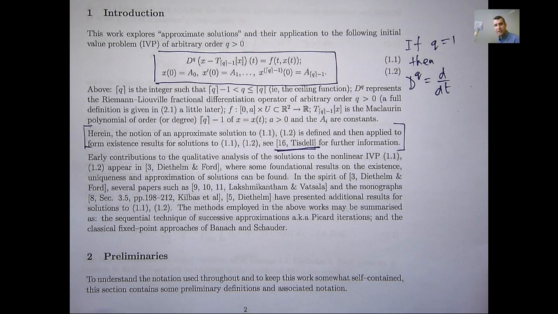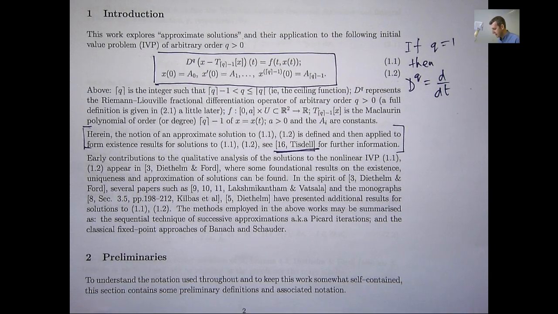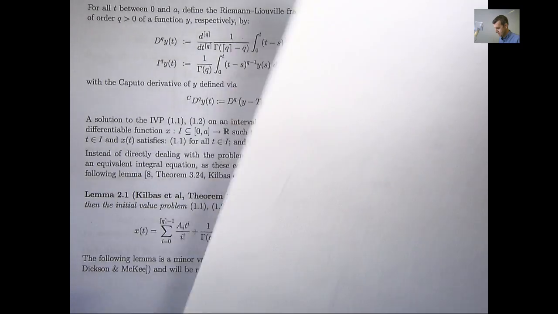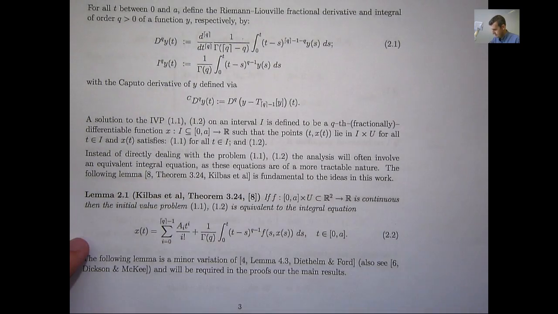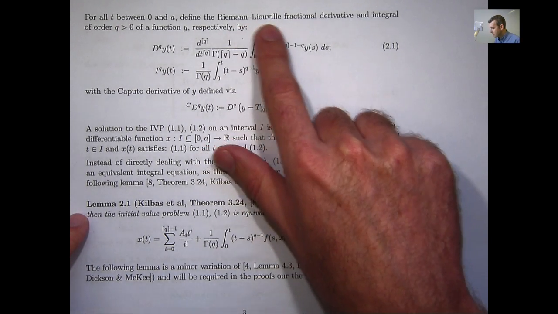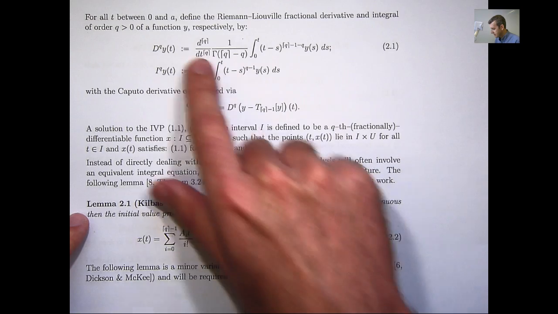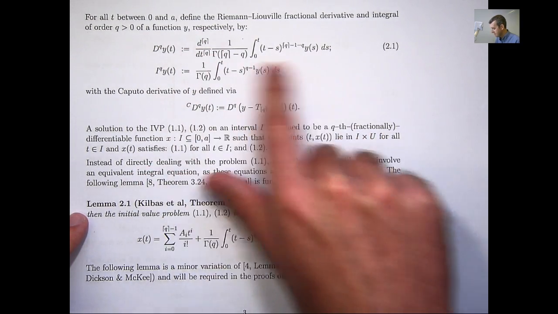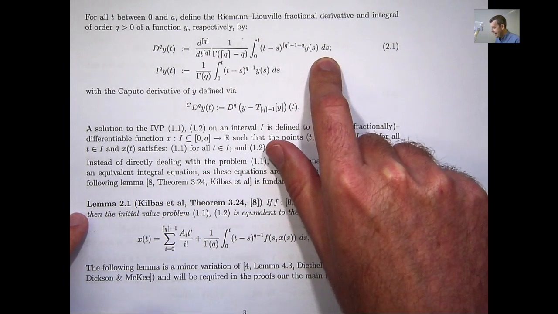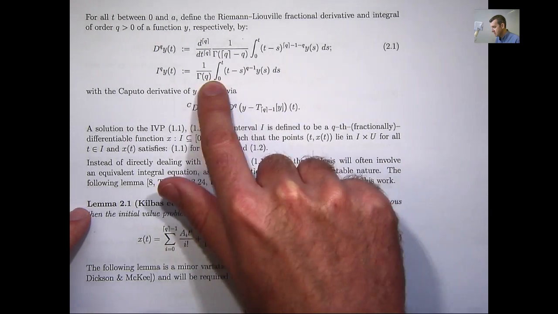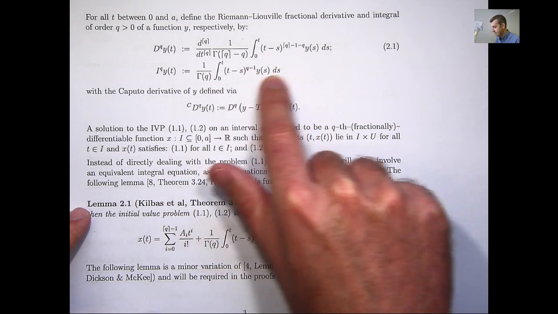Okay, well, to keep this presentation somewhat self-contained, I'm going to speak about a few preliminary definitions and a little bit of notation now. Okay, well, we define the Riemann-Liouville fractional derivative of order q of a function y as this definition here, and the fractional integral of order q is given here.